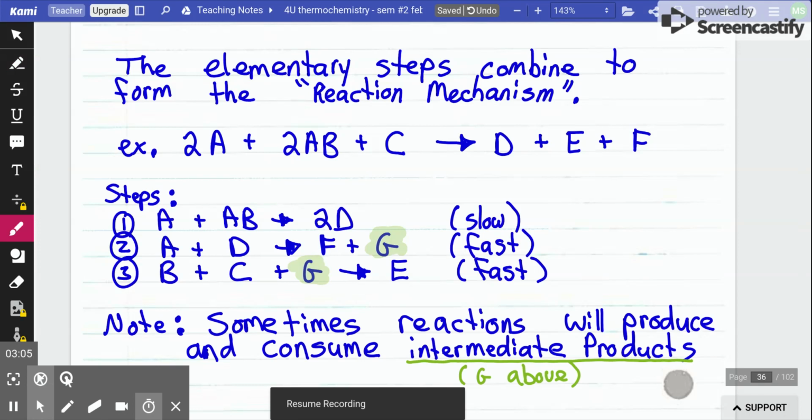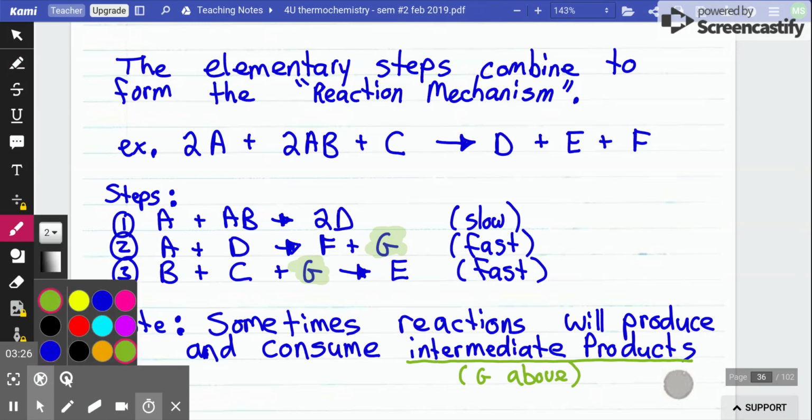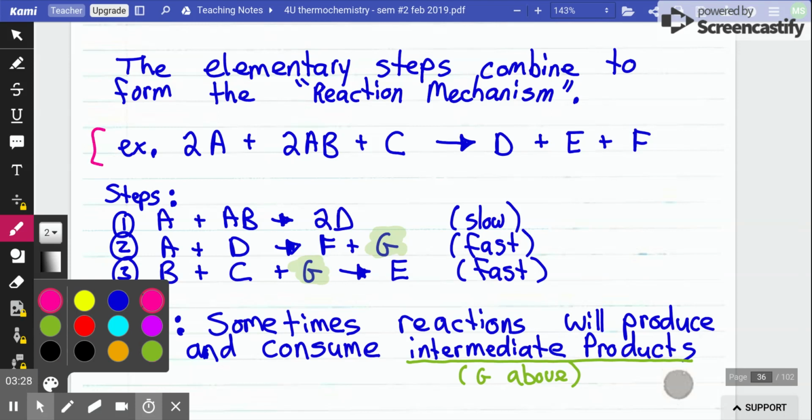So this G that is made in one step but consumed in another step is called an intermediate product. So sometimes our reactions can produce and consume an intermediate product. It's an intermediate product because it's not found up here as part of the overall reaction.